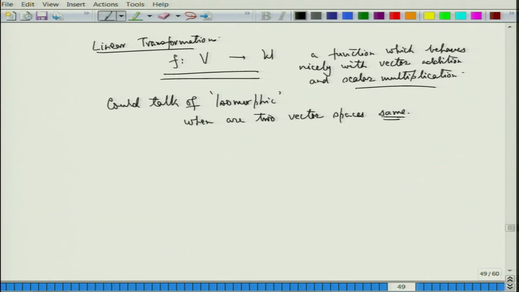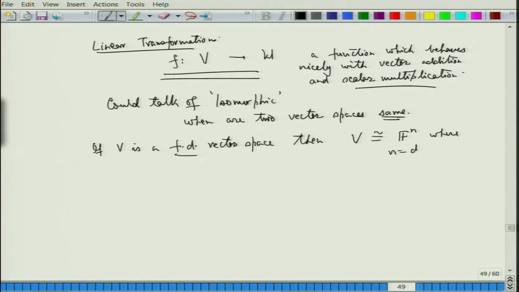We also saw that if V is a finite dimensional vector space, then V is isomorphic to F^n over F, where n is equal to the dimension of V over F.